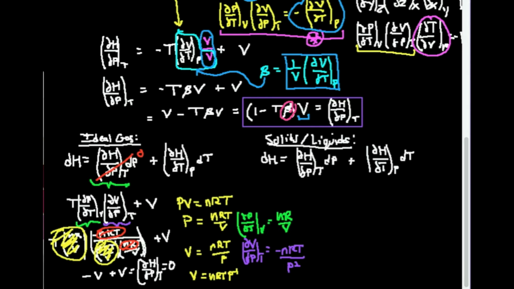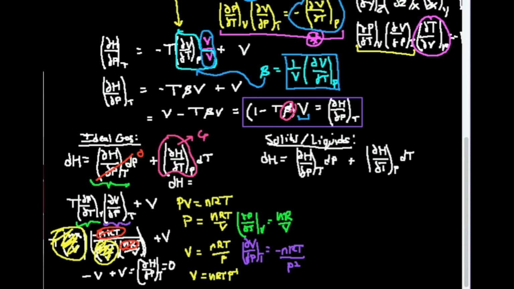Okay? And what does that ultimately imply? Well, remember that if I integrate everything here, actually let me not even integrate, let me just leave it in differential form. If I have this dH, it's therefore equal to the partial of H with respect to T at constant P dT. What is this quantity right here, partial of H with respect to T at constant P? Recall that's just Cp, right?